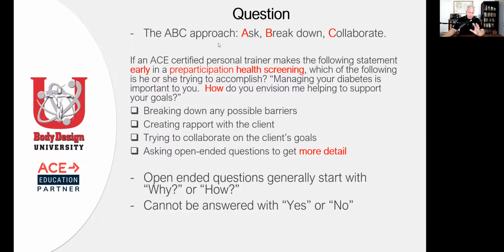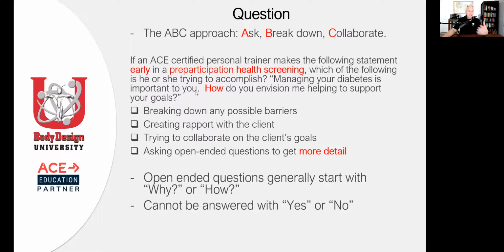So you can read through the actual method and the approach that ACE recommends. The point is that on this particular question, the part in red is giving you the answer. How always tells you that it's an open-ended question. It's also during the pre-participation health screening, early in the pre-participation health screening.